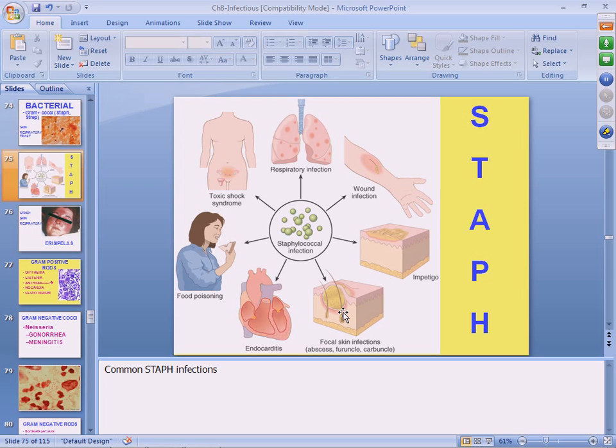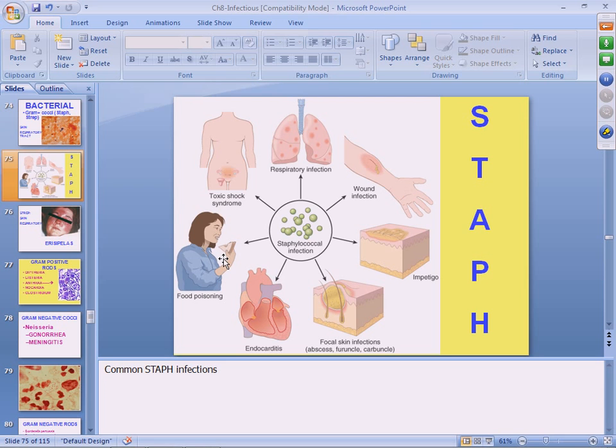Staph is a very, very big agent for endocarditis. Most of the cases of endocarditis are actually caused by strep, but in intravenous drug users, staph is always number one. Staph can make an exotoxin that is a food poison. A staph food poisoning is very common.